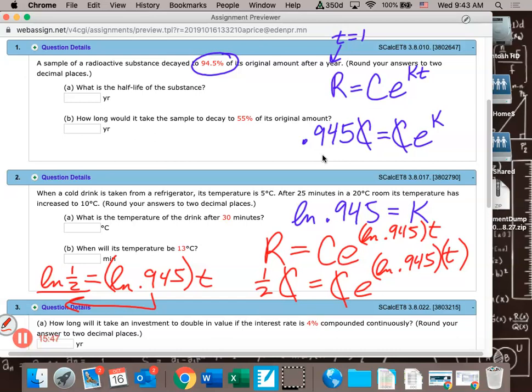So in your calculators, go ahead and do that for whatever your percent was. If anyone needs to borrow a calculator, you can use that brick. There you go.